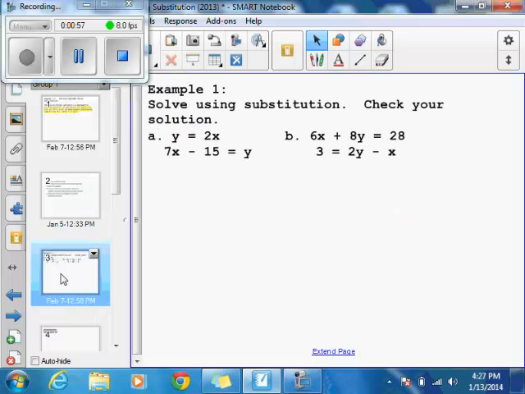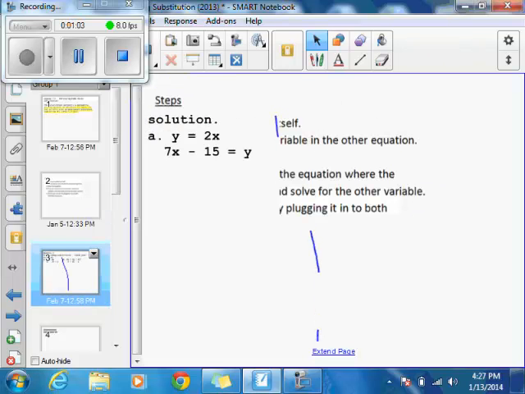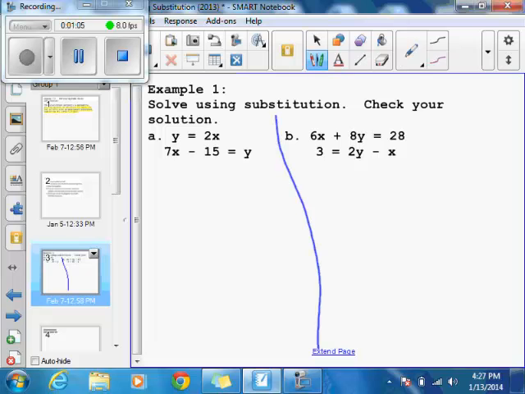Okay, so our first example, we are going to solve using substitution. If you look at the two equations, you are going to try to pick one where you can get a variable by itself. Now I noticed that in the first equation, y is already by itself. So I know that y is equal to 2x.